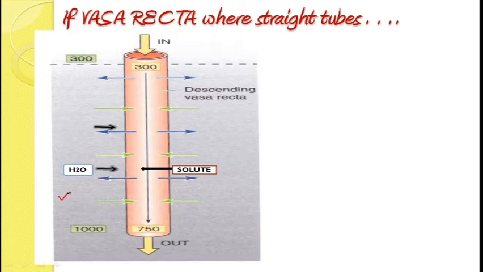As the vasa recta moves deep into the medulla, the solute would diffuse into the vasa recta because of the high osmolarity of the medullary tissue, and finally these solutes would be washed away as the vasa recta leaves the medulla.